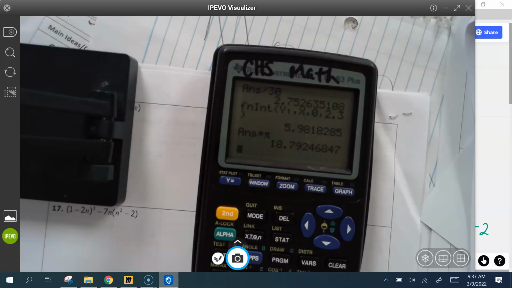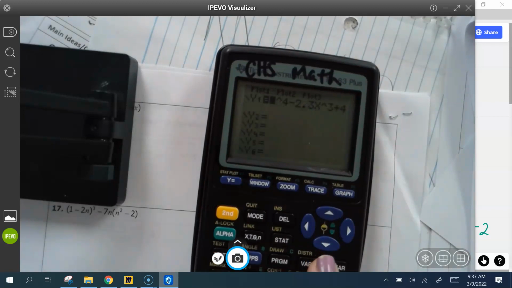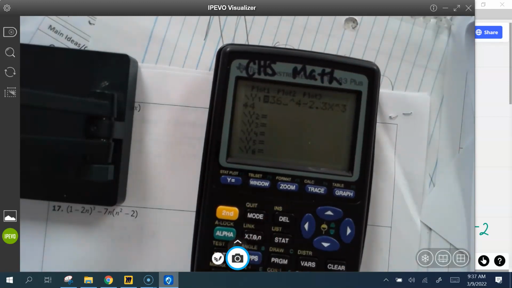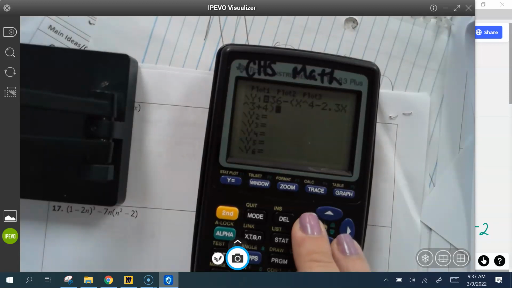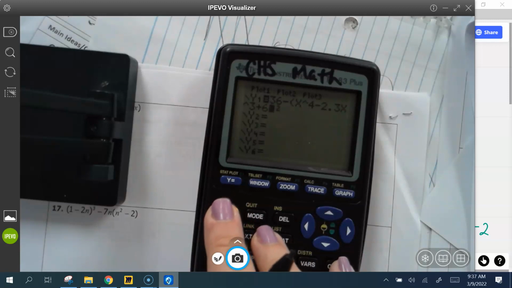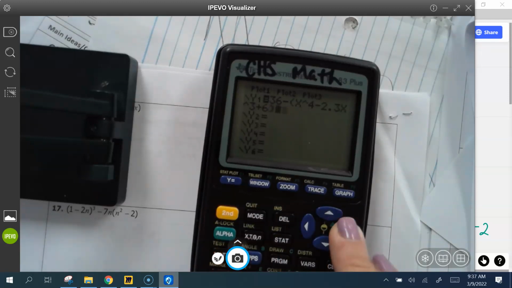Oh, wait, no, I didn't. Your equation is actually going to be 36 minus all of this squared. That's what I got: 36 minus x to the fourth minus 2.3x. I thought it was plus 4.